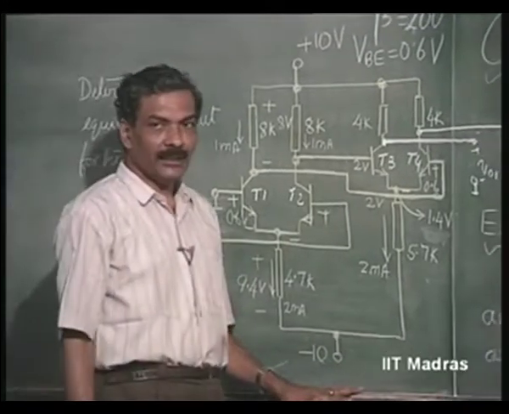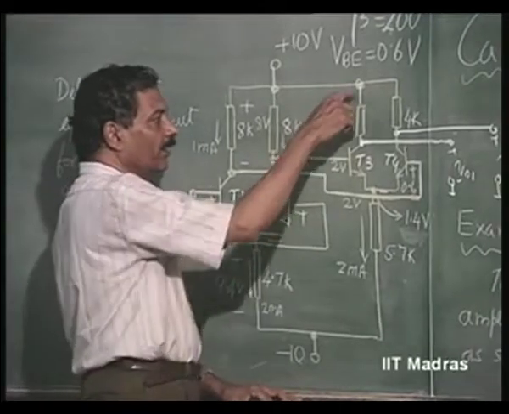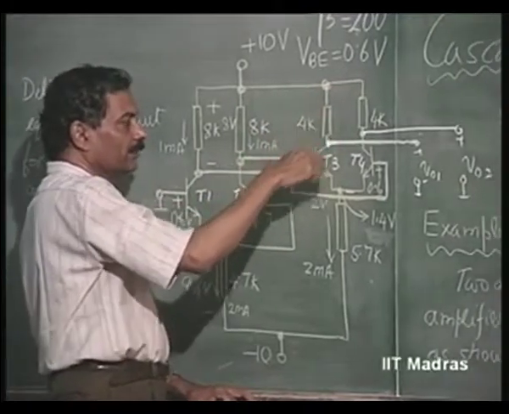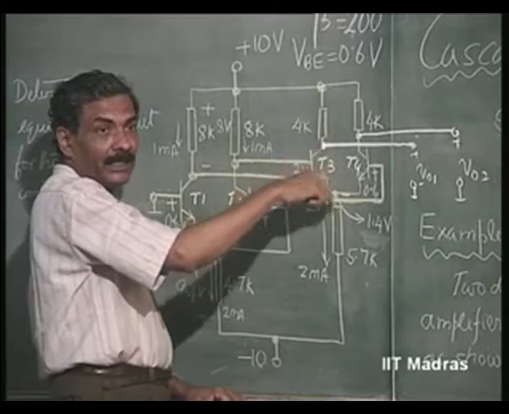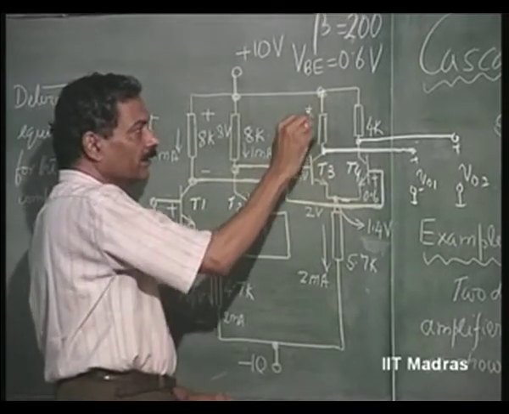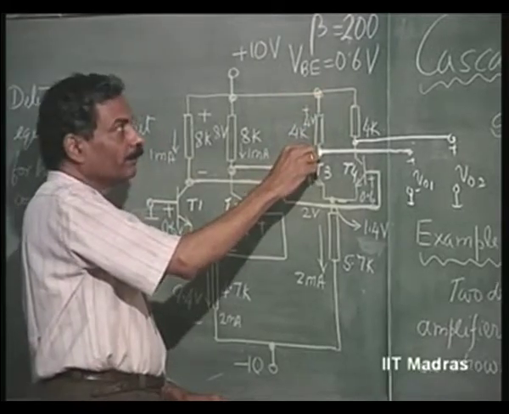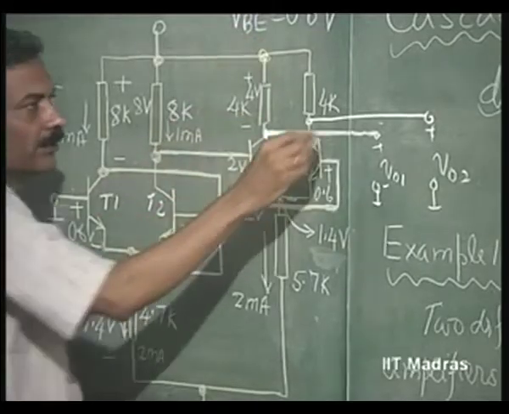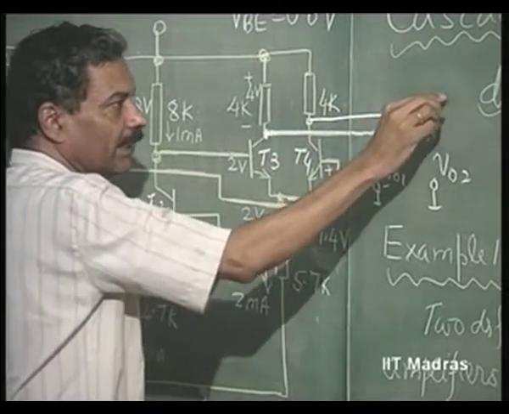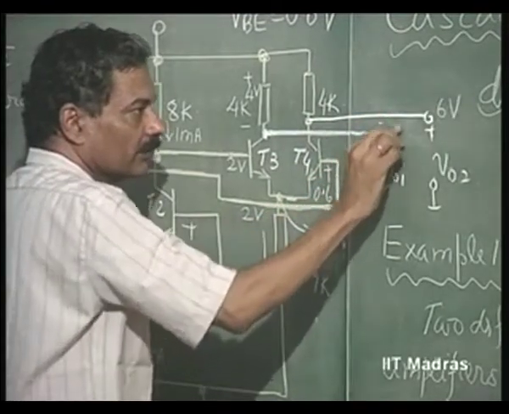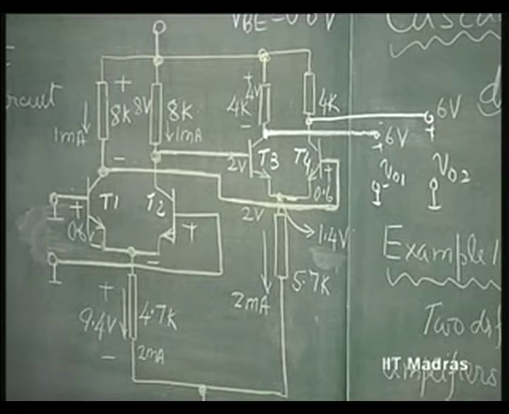So, you can see here the drop across this will be now, this being 1 milliampere each once again, the voltage will be 4 volts. So, if this is a 4 volt drop, 10 minus 4, these voltages will be at 6 volts quiescent.